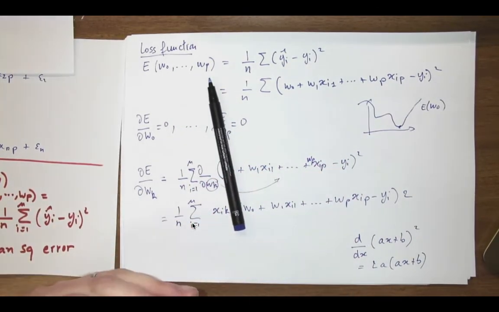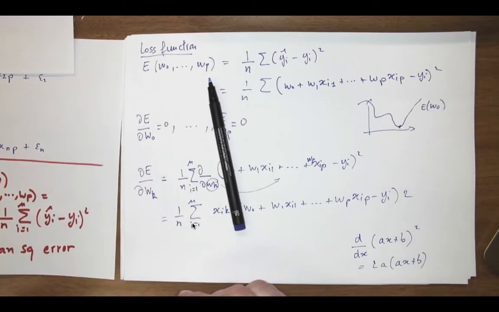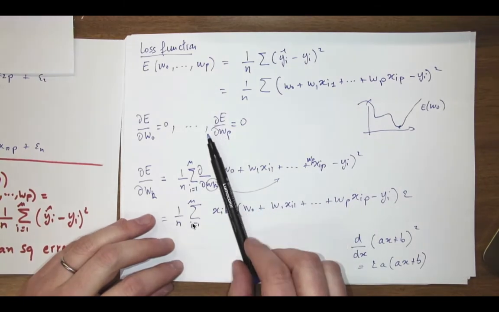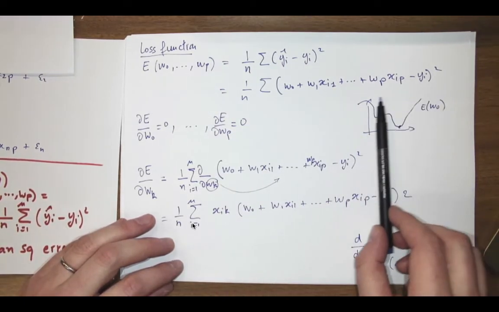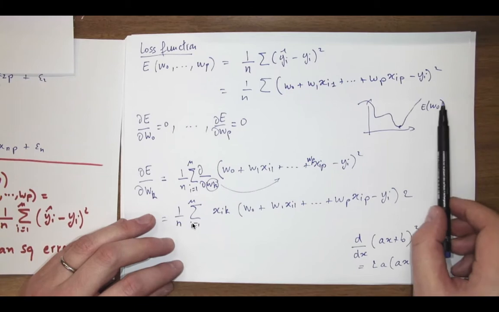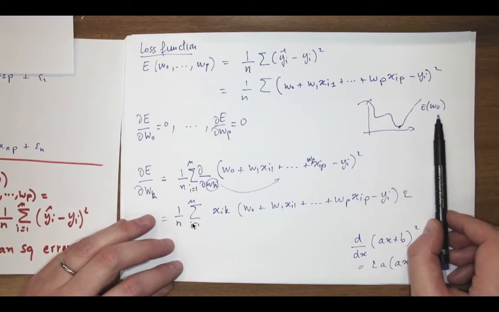Okay, and the classic approach to find the minimum of a function, the argument that will minimize a function, is to say, well, when you reach the minimum, we know that the derivatives, all the partial derivatives, have to be 0. Let's say you have a function with only one argument, w0.